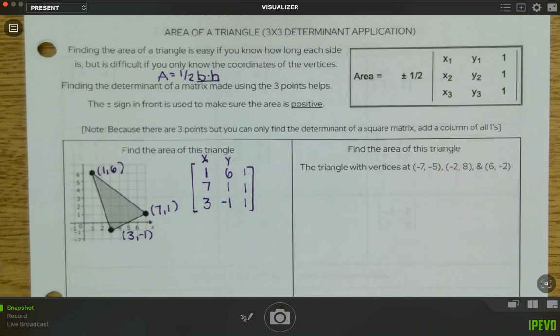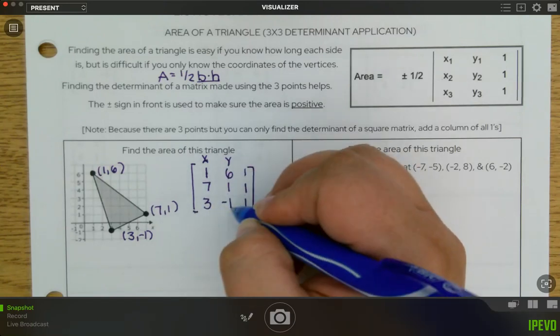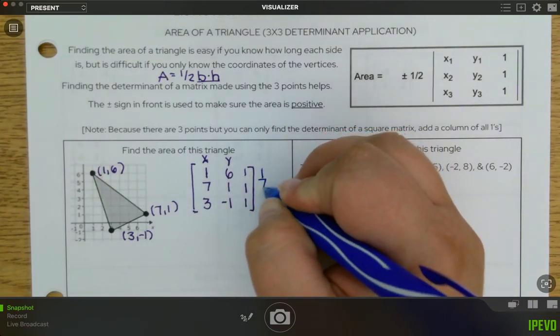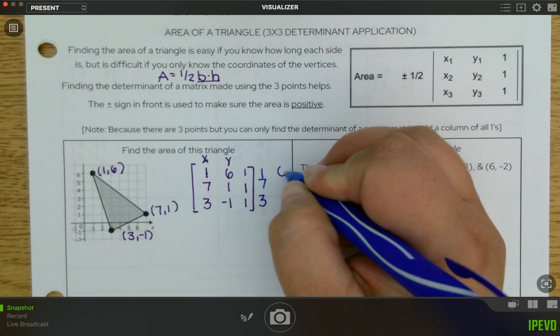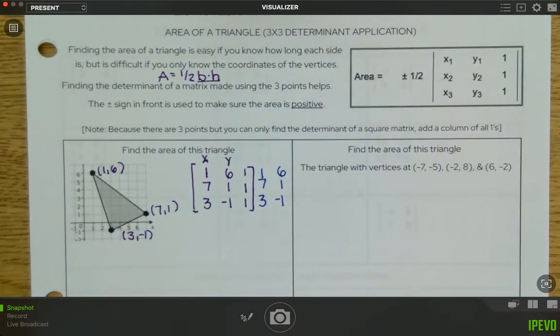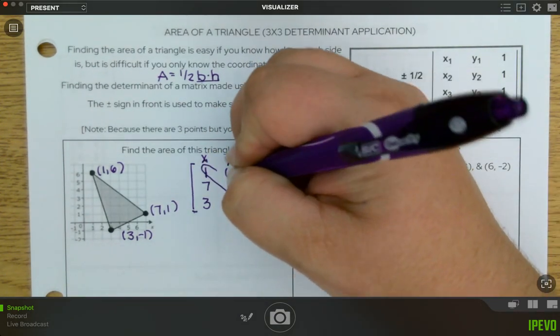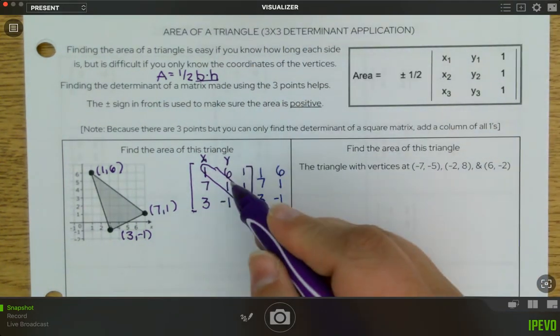And this is the part where you need 2.5 on determinants, because it tells you that you're going to take these first 2 columns and copy them down. And then you're going to find the product of each of the right diagonals. So here is 1 times 1 times 1.